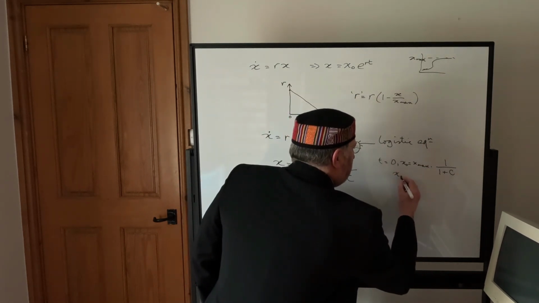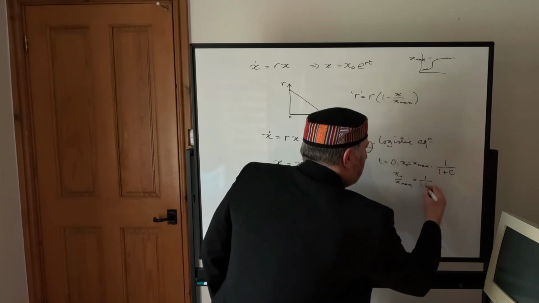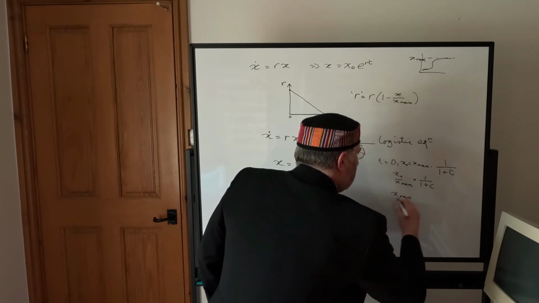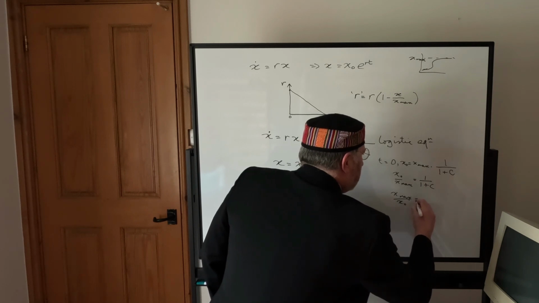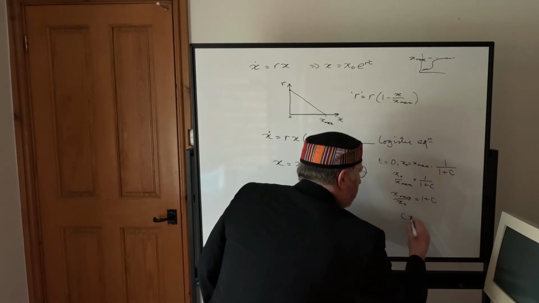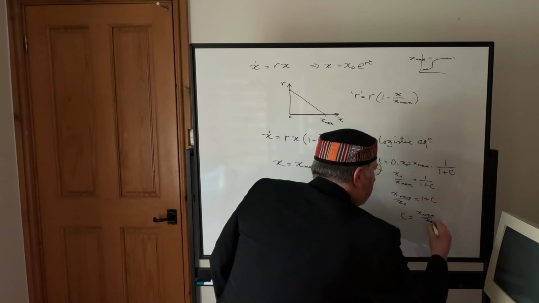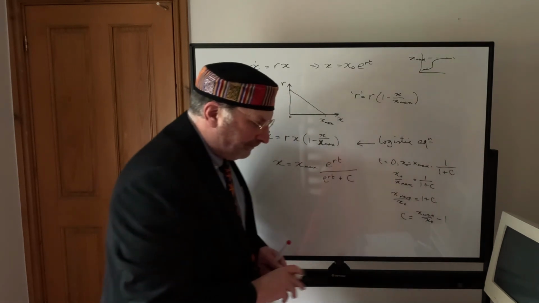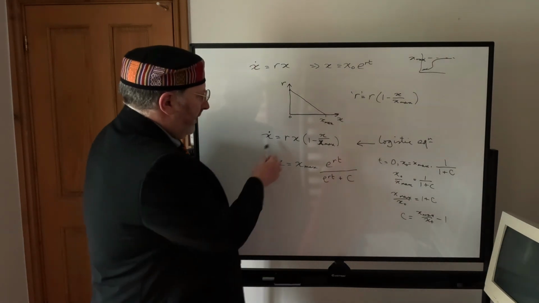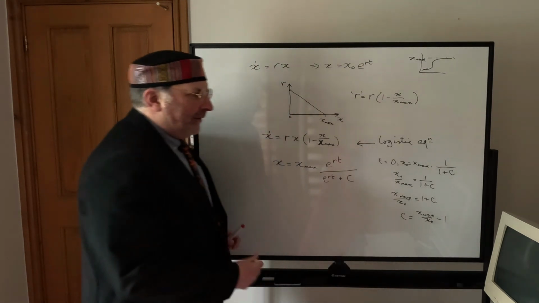We get x0 over x max equals 1 over 1 plus c. We can flip those, so x max over x0 equals 1 plus c, and therefore c is equal to x max over x0 minus 1. So c is our constant of integration when we solve this equation, and it depends on the initial value x0.